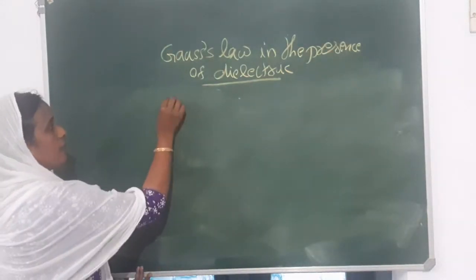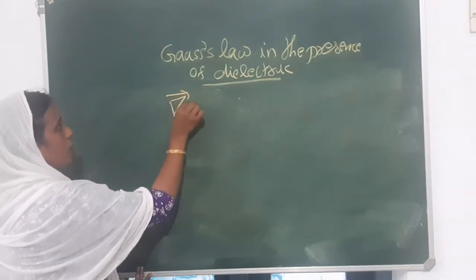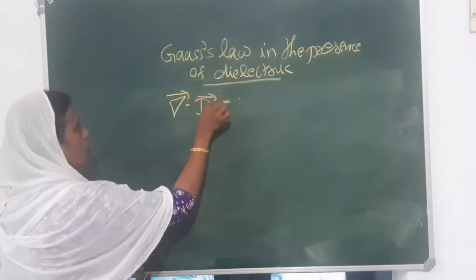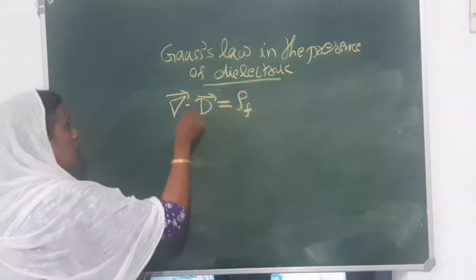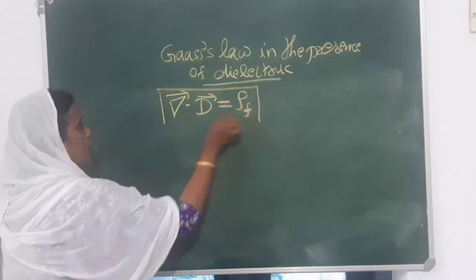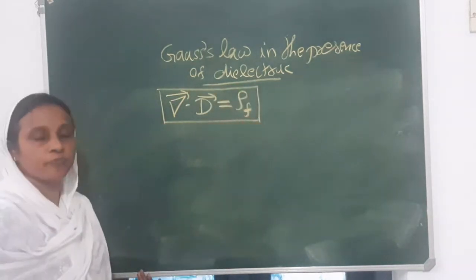That means del dot D equal to rho f. This is the Gauss law in dielectric.